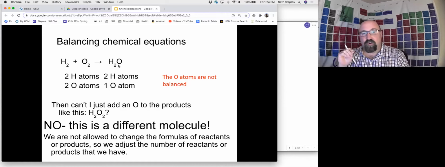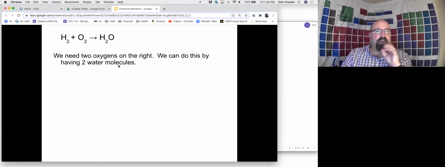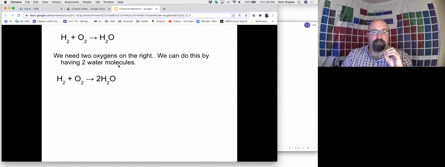What we can do is adjust the number of molecules that we have. That's what the coefficients do. And so in order to have 2 oxygens on the right side of our equation, we can do that by having 2 water molecules instead. So we're going to form 2 entire water molecules.